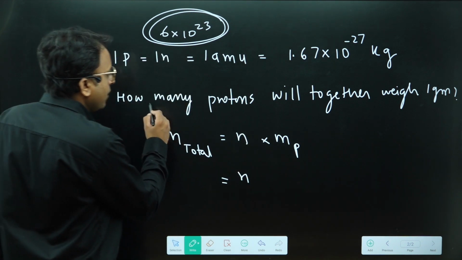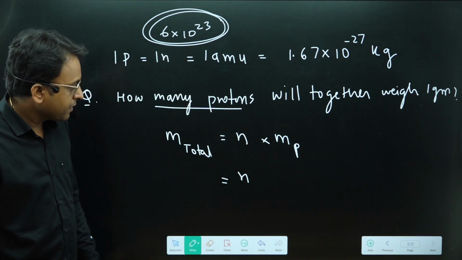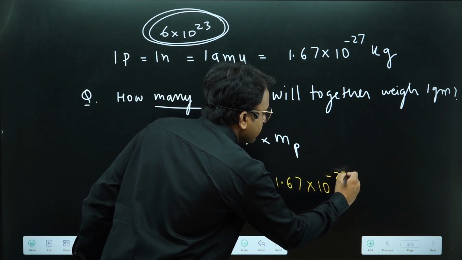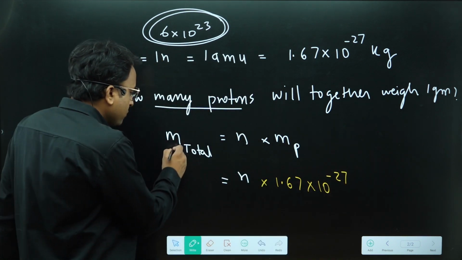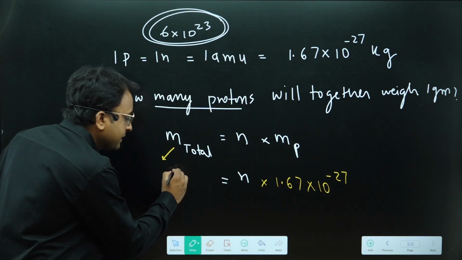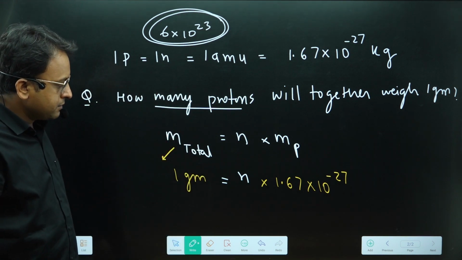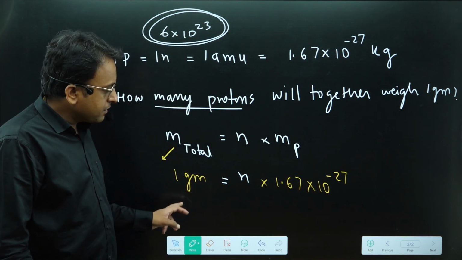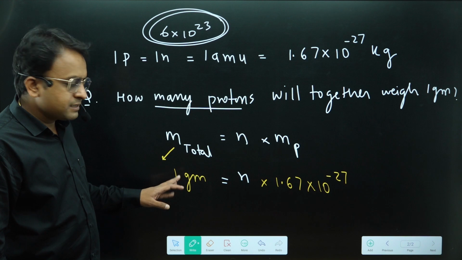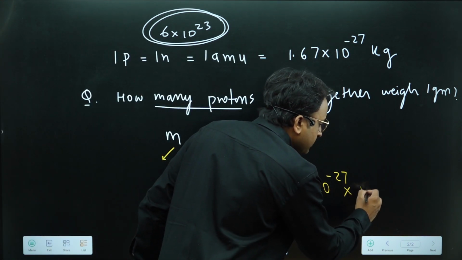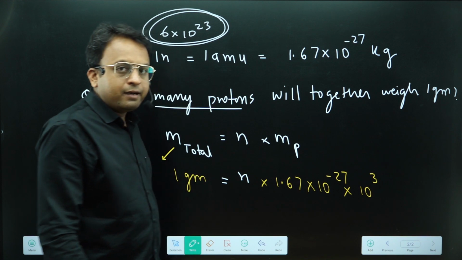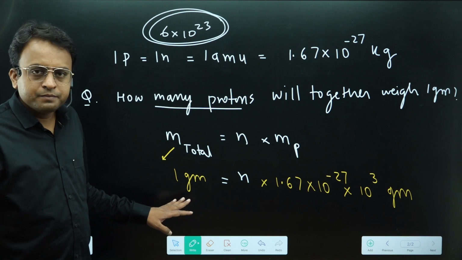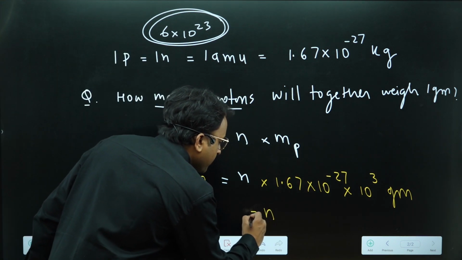We have to find how many protons, that means N. The mass of a proton is 1.67 into 10 raised to the power minus 27 kilogram, and the total mass collected is 1 gram. This is in kg and this one is in gram, so convert both to gram. Convert the mass of proton to gram by multiplying by 10 to the power 3. Now both are in gram. Now we will find the number of protons.